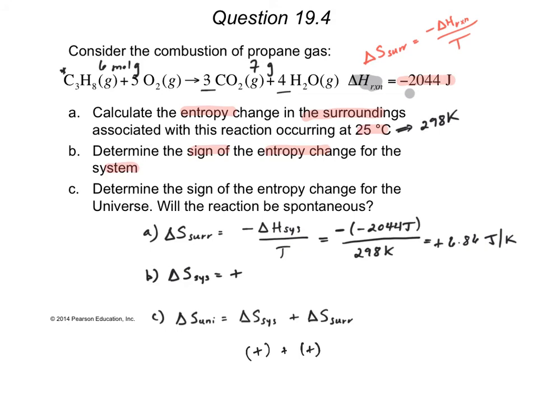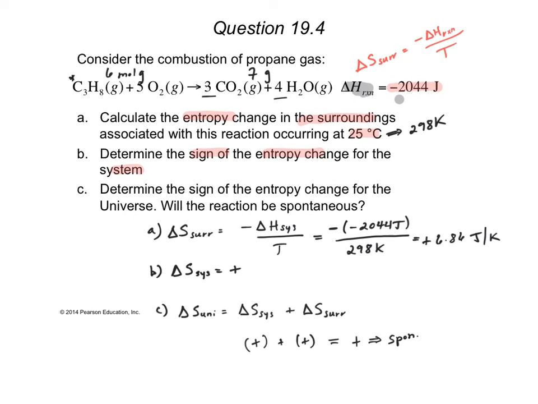Positive value. So what do you think? Is this going to be spontaneous or not? If you add a positive to a positive, will you ever get a negative value? No. So overall, this is positive. And positive means spontaneous with respect to the entropy of the universe. Okay, all right, so you may have to do that. This is going to come in handy in just a second.